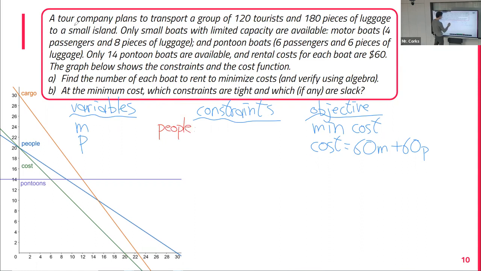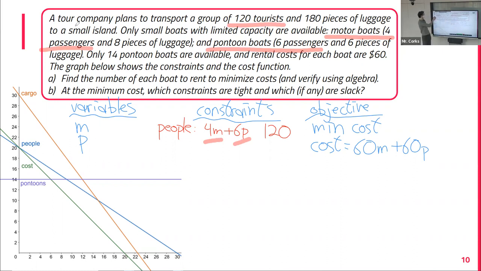So there's a people constraint here. And what's our inequality going to be? 4m plus 6p, 120. So, motorboats. Each motorboat can carry 4 people, so 4 times m. Each pontoon boat can carry 6 people, so 6 times p, and we have 120 people.